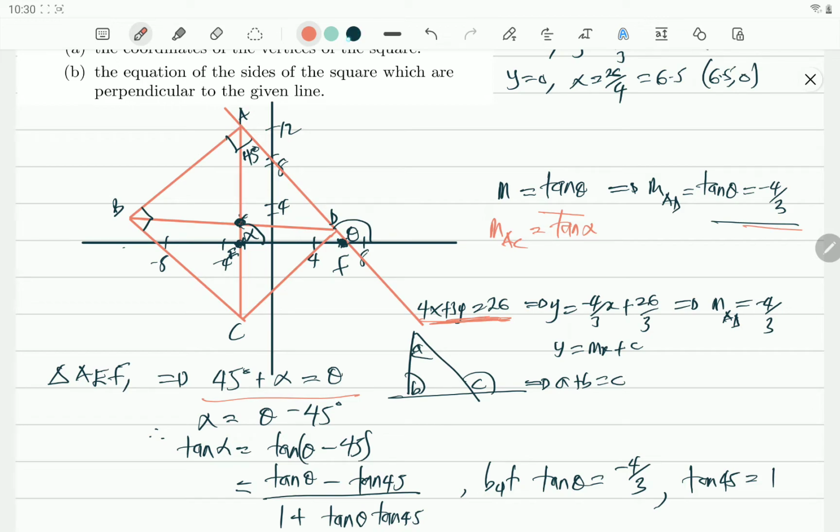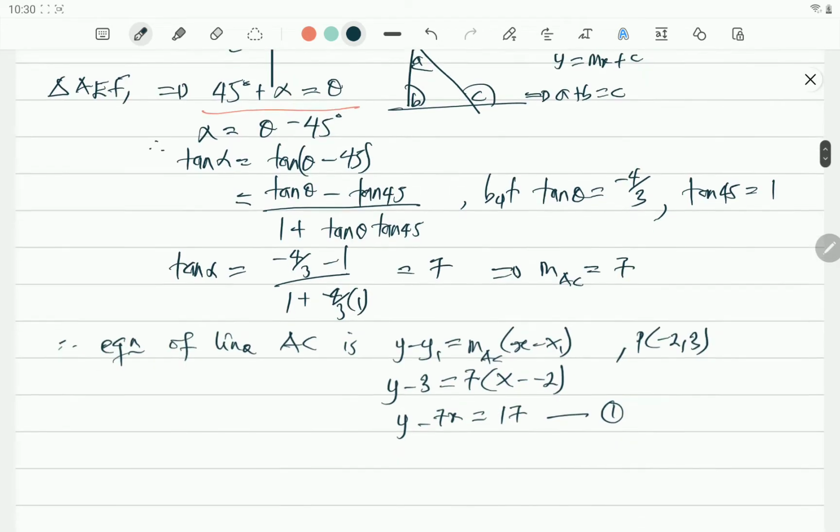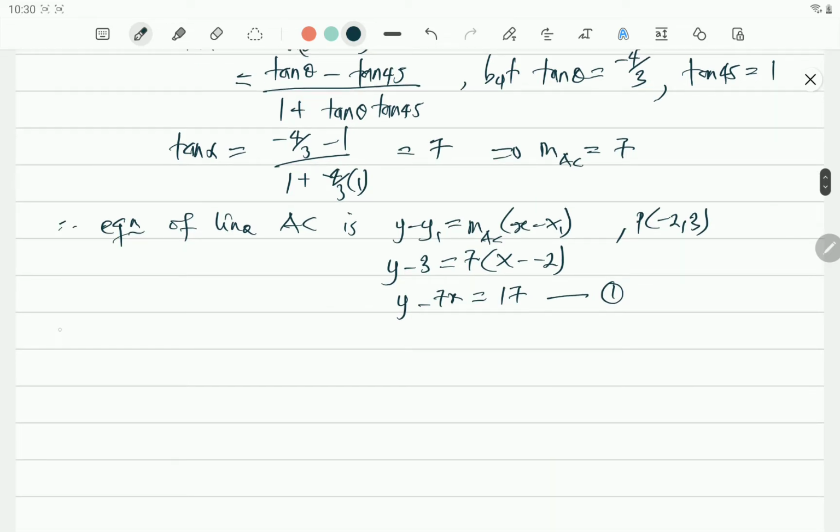And that is going to give us the point A. So we solve AC and AD simultaneously, and doing that, I'm going to quote them.